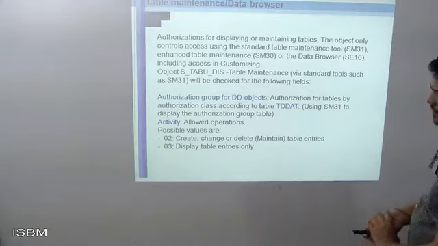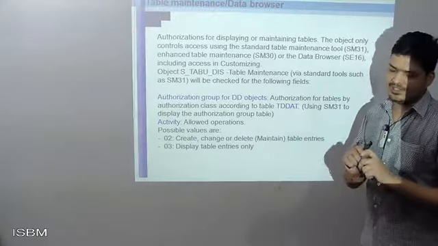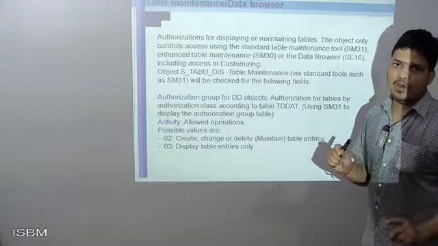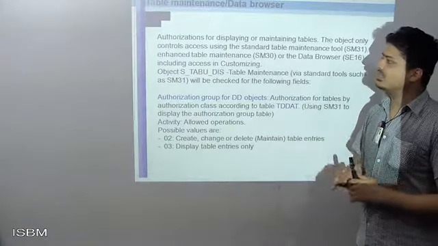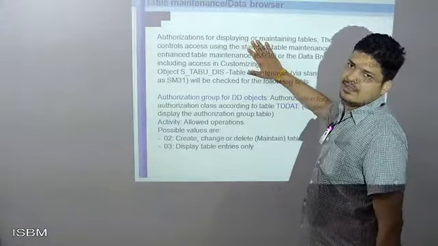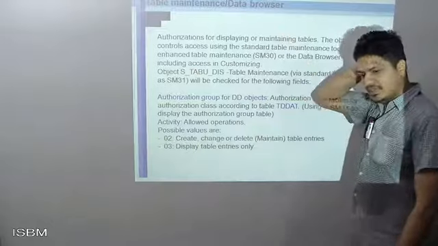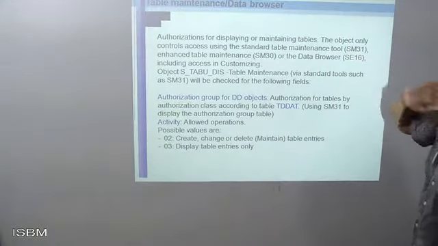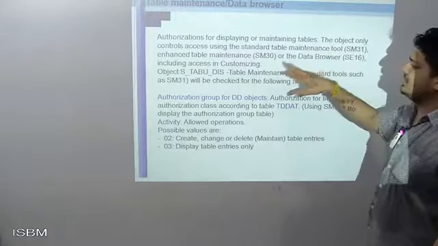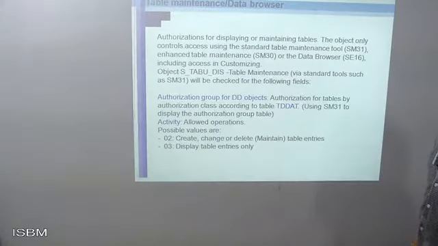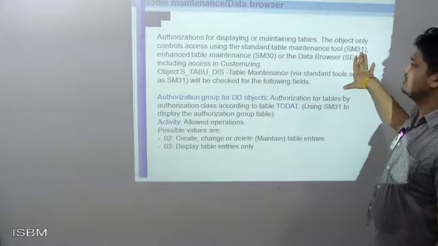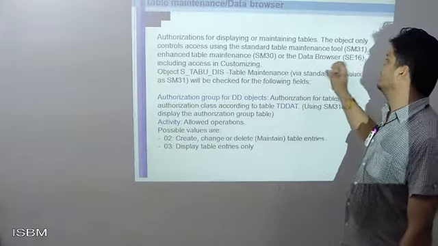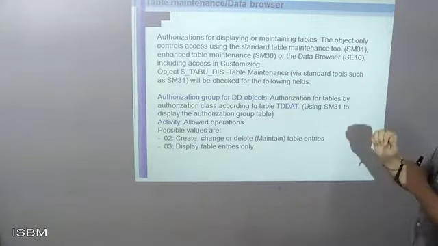Actually, there are two kinds of authorization: either you cannot see anything at all, or you can only see the display. The object controls access using the standard table maintenance tool SM31, the enhancement table maintenance SM30, or the data browser SE16, including access to customizing.